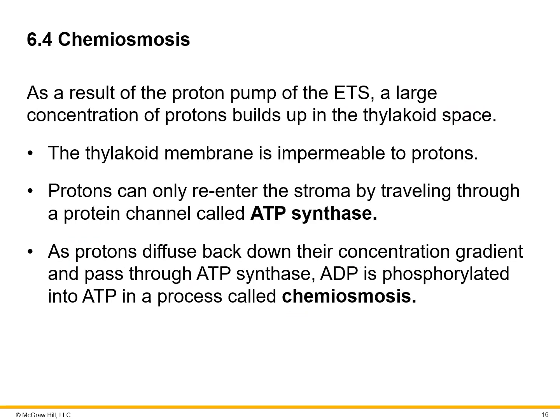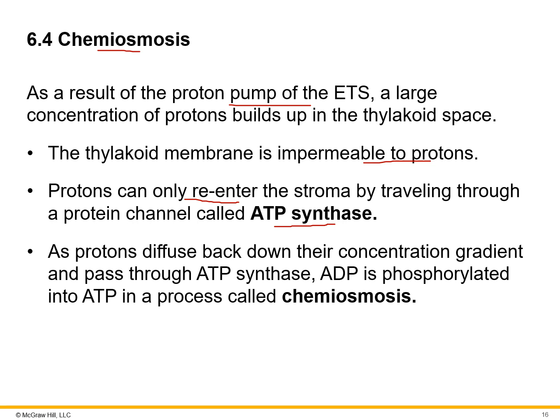And just like with aerobic respiration, this process of making ATP by moving protons around is called chemiosmosis. With these proton pumps and electron transport, the membrane of the thylakoid is impermeable to protons. So the electron transport pumped them into the thylakoid, and the only way to get back out into the stroma, where they really want to be, is through a transport protein called ATP synthase.